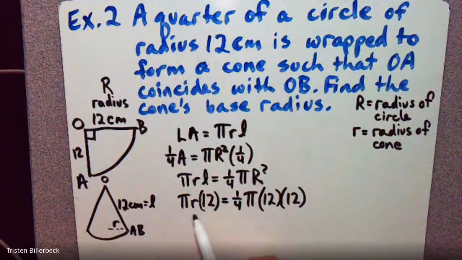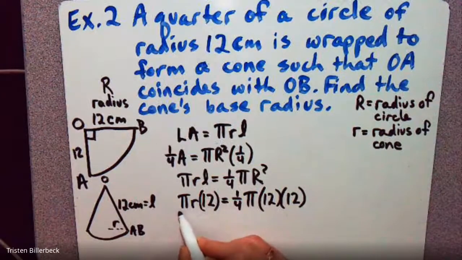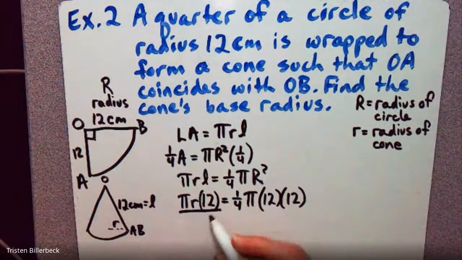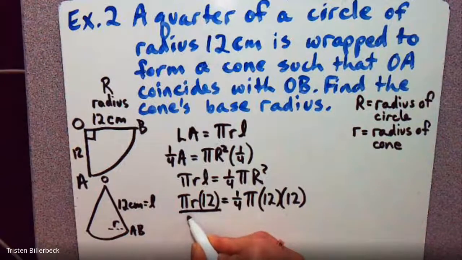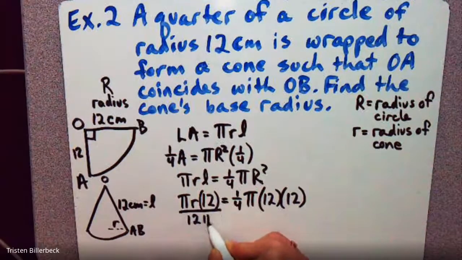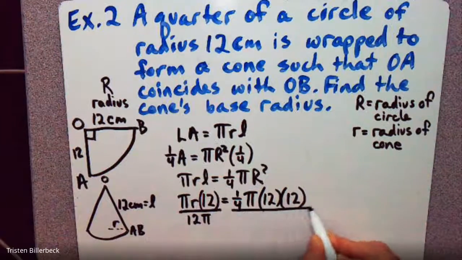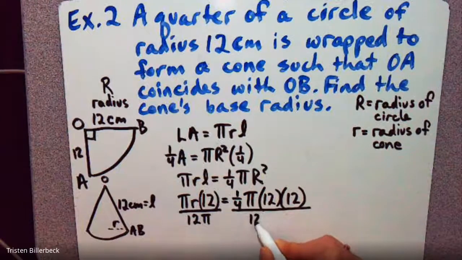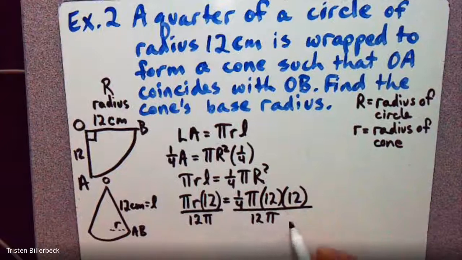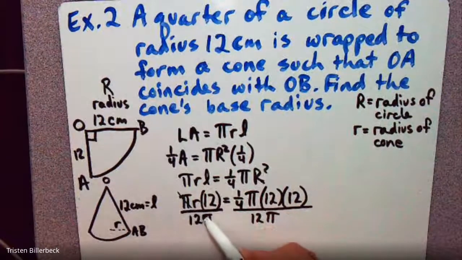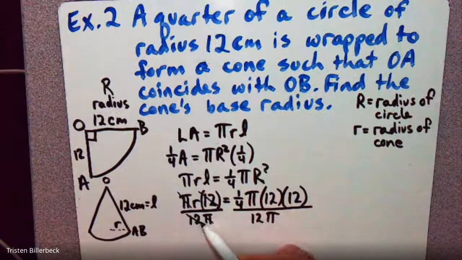Now, if I want to get r by itself, then I'm going to multiply by its multiplicative reciprocal, which will be 1 over 12 pi. So the pi's cancel and the 12's cancel.